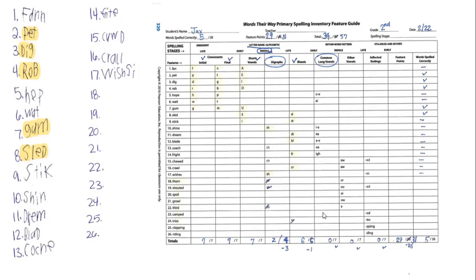And so if we proceed on to common long vowels, we see that, okay, we didn't get any of those correct. So I'm ready to sit down with Jax tomorrow and begin activities and have opportunities for him to engage in word study around digraphs, which, by the way, I think would clear up pretty quickly based on how close he was here, getting most of these correct.